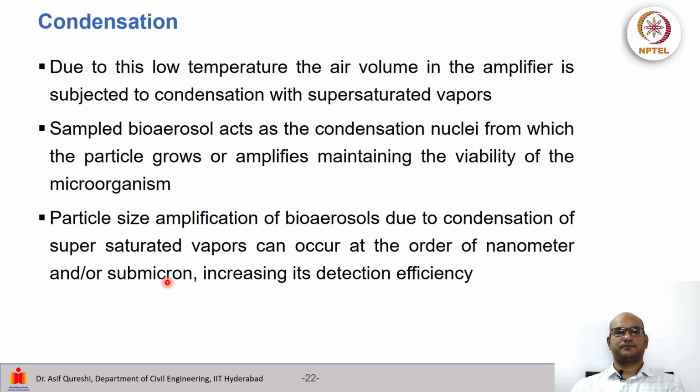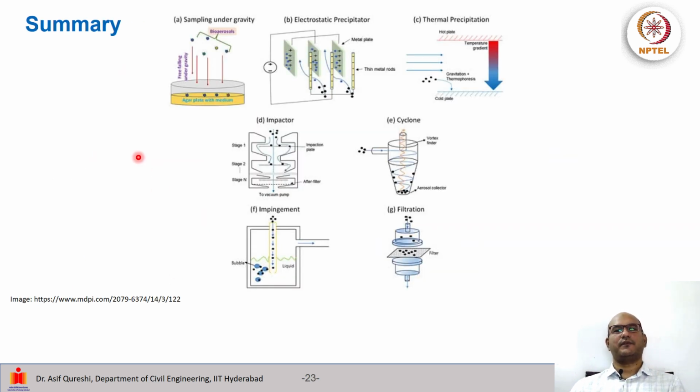So in summary, we have seen several of the methods. One, in the previous lecture, was a passive sampler method in which the bioaerosols were deposited on an agar plate under gravity. Then other methods such as electrostatic precipitation, movement in an electric field, thermal precipitation, movement of particles in the thermal regime, and the impactors.